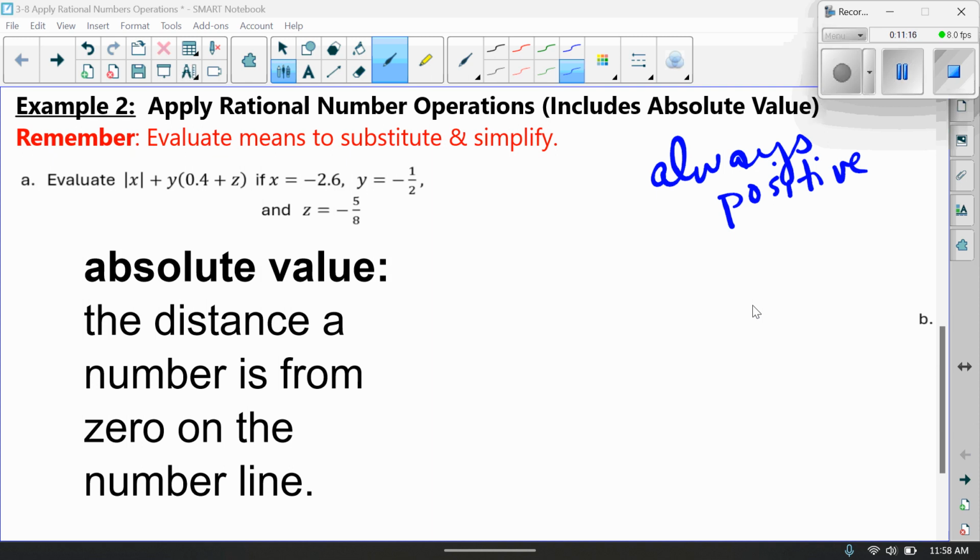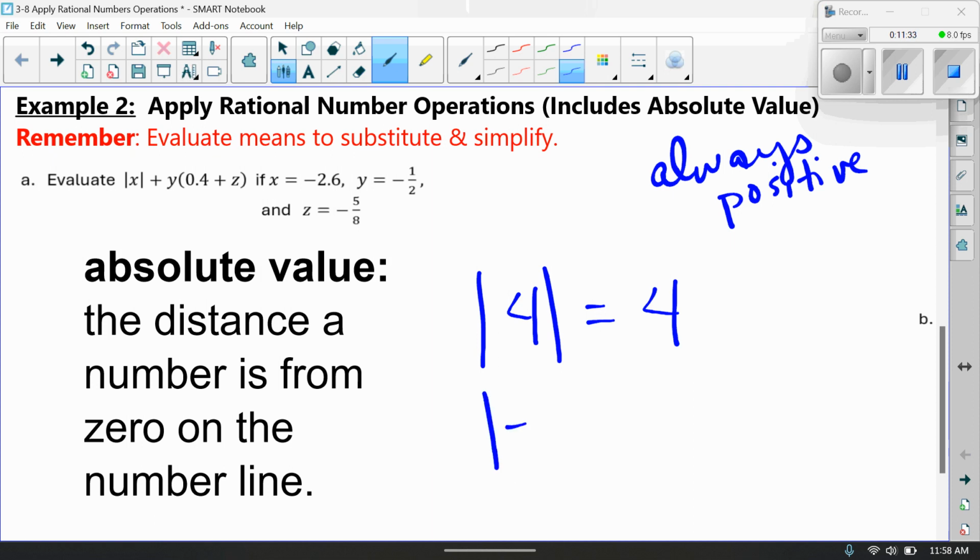Okay? And so, as a little example here, just a sidebar, if I had the absolute value of 4, well, that's 4 units away from 0 on the number line. So that's going to be equal to 4. The absolute value of 4 is 4. If I have the absolute value of -4, well, -4 is also 4 units away from 0 on the number line. So that's also going to be 4.